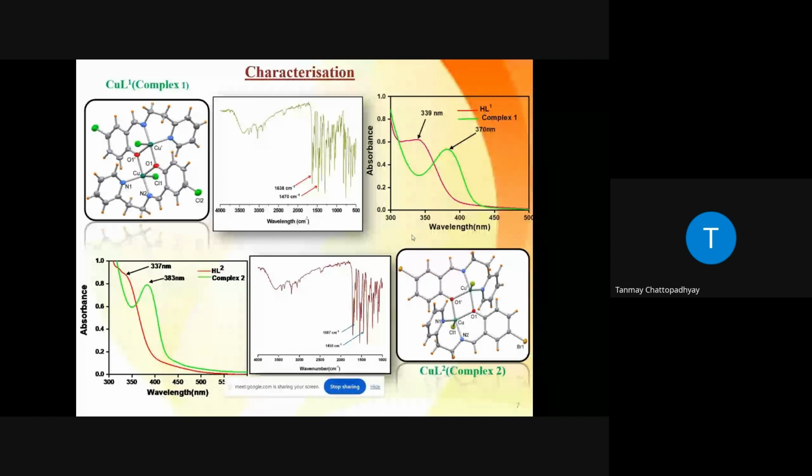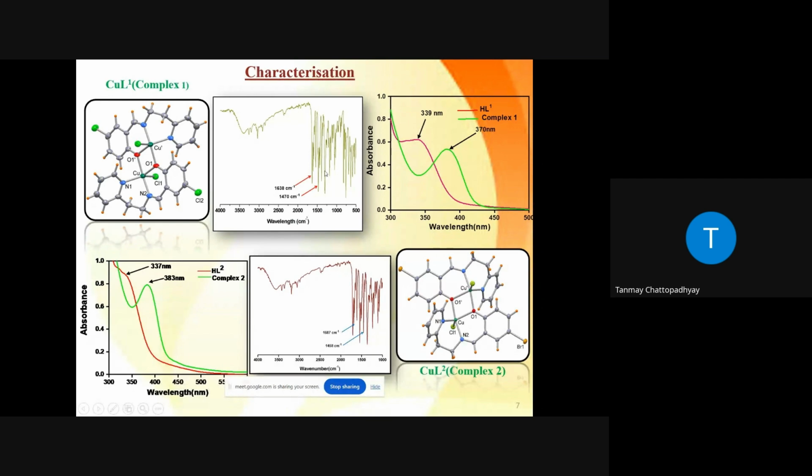Then we characterized this catalyst with different techniques such as UV, IR, and X-ray crystallography. From the UV absorption, we can see for complex 1 a band at 370 nanometer and for complex 2 at 383 nanometer. This is a ligand to metal charge transfer transition.